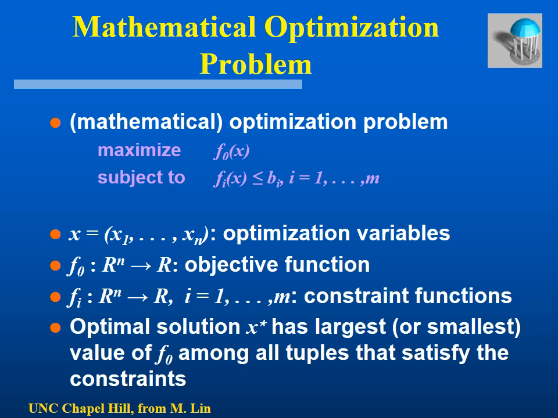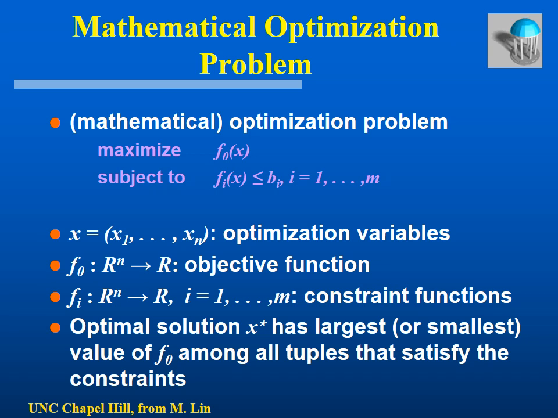Now, sometimes this problem, as we've described it, is unconstrained. But frequently there are constraints, f sub 1, f sub 2, up to f sub m. So f sub 1 is another function of the tuple, gives a scalar, and we may require that the x that we're interested in must satisfy that f sub 1 of x is less than or equal to b sub 1.